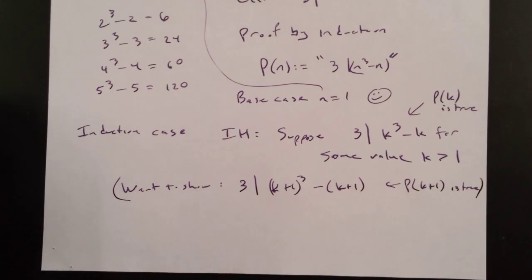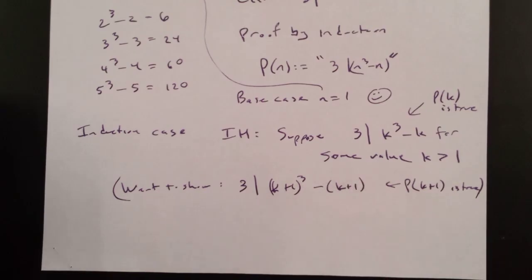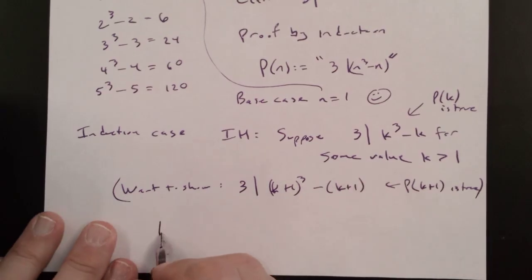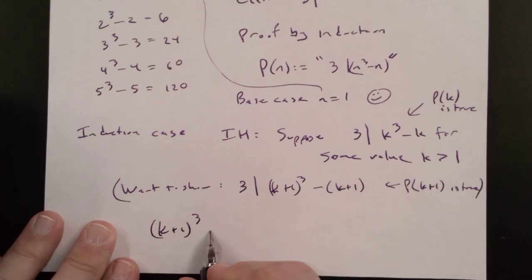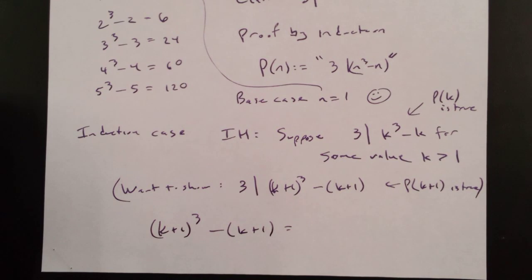Now, I haven't actually shown this yet. This is my goal. And somewhere in there, I'm going to use my induction hypothesis, right? So I need somewhere to show that this thing is divisible by 3. K plus 1 cubed minus parentheses k plus 1. Well, let's start messing with this and see what we get. Multiply this sucker out.